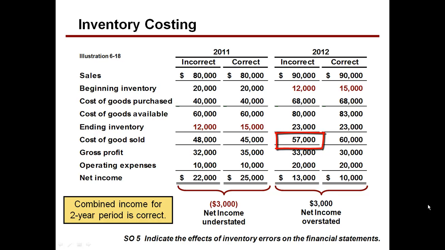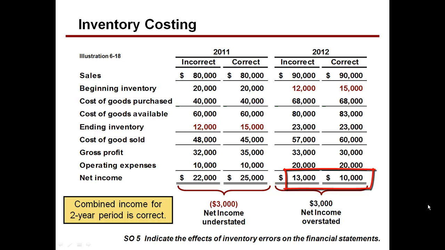And so therefore, with a lower cost of goods sold because of a lower beginning value that formed a lower total cost of goods available, we see that there's an increase in net income in the second period offsetting the decrease due to the error in the first period. So we have a $13,000 net income in the second period when it should have been $10,000.